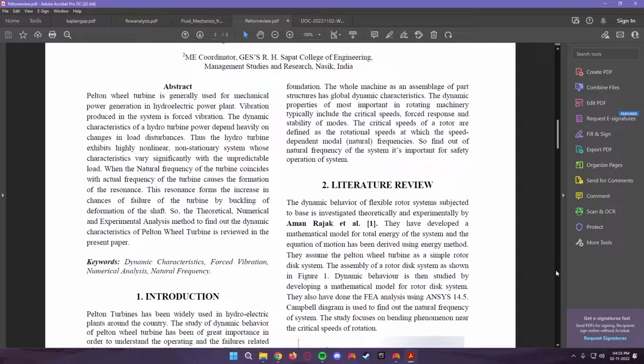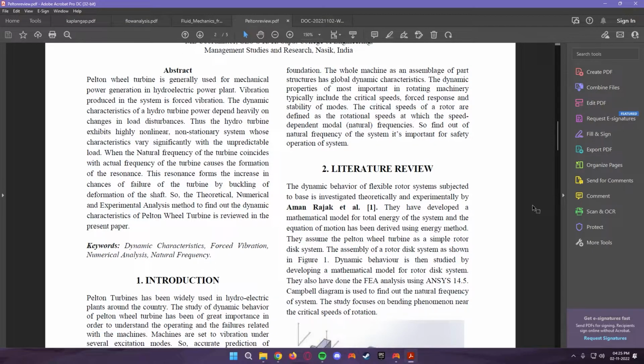The whole machinery, as an assembly of the parts, has global dynamic characteristics. The most important dynamic properties in rotating machinery typically include the critical speed, forced responses and stability of modes. The critical speed of a rotor is defined as the rotational speed at which the speed dependent modal natural frequency is reached. So finding the natural frequency of the system is important for safe operation.